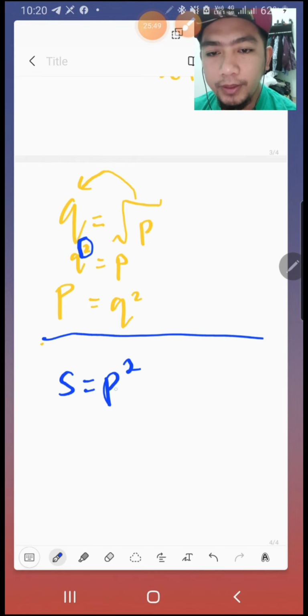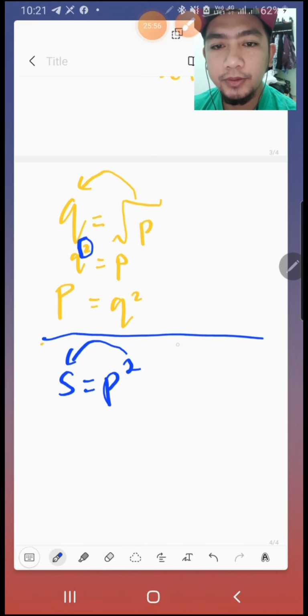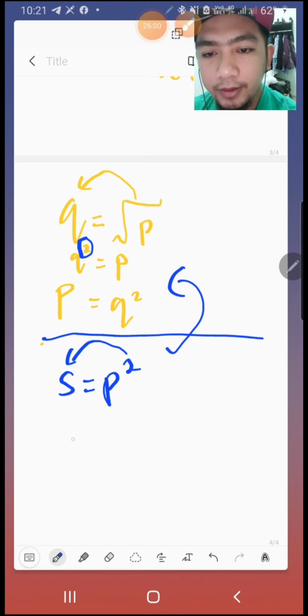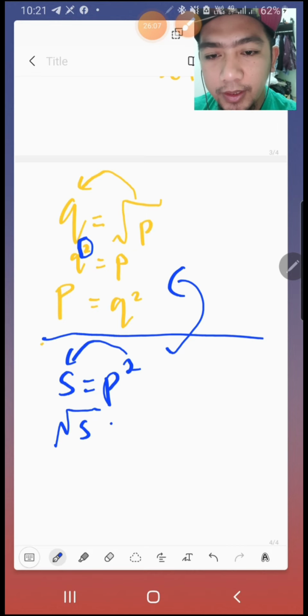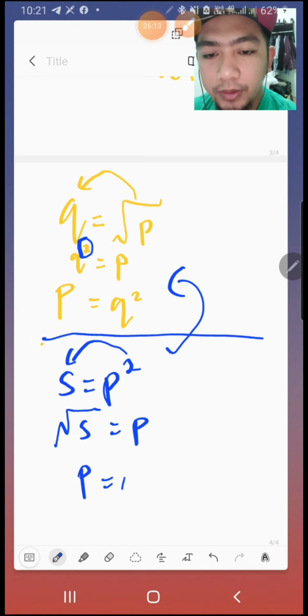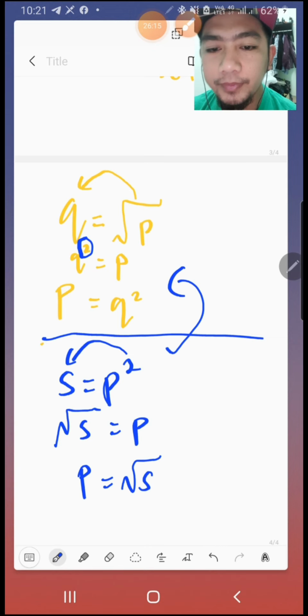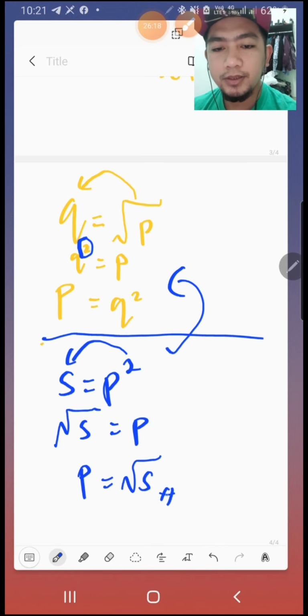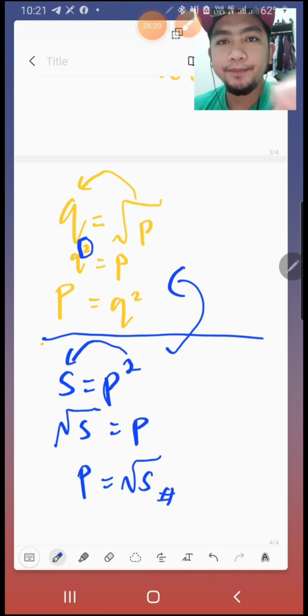So P square here, the square you bring to the left, it will become square root. So vice versa to this example. Alright, so when you bring the square to the left, S will become square root of S, equal to P. Or you also can write as P equal to square root of S. So it's simple. Okay.